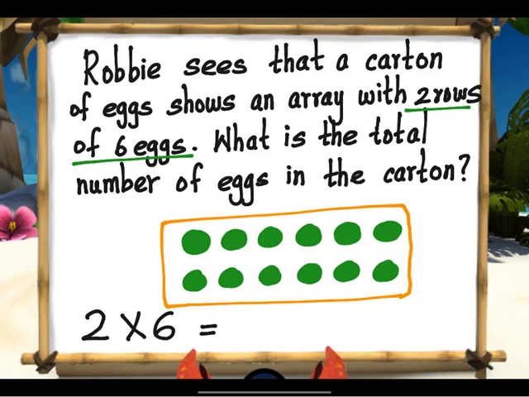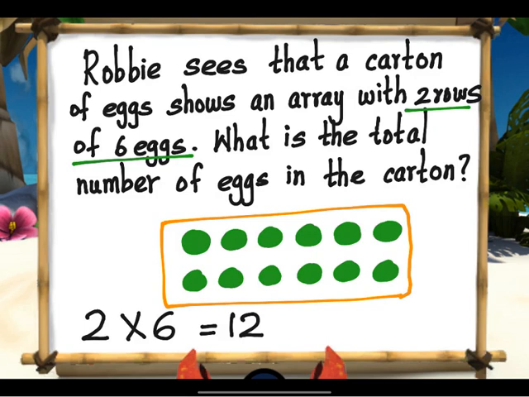So we know that 2 times 6 is 12. The total is 12. That means there are 12 green circles. Or there are 12 eggs in the carton, right?